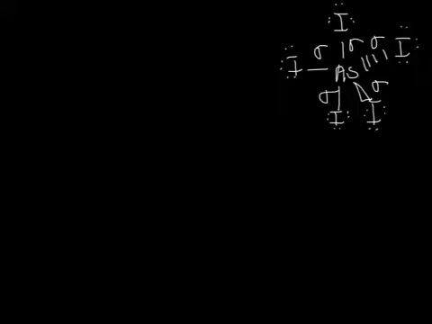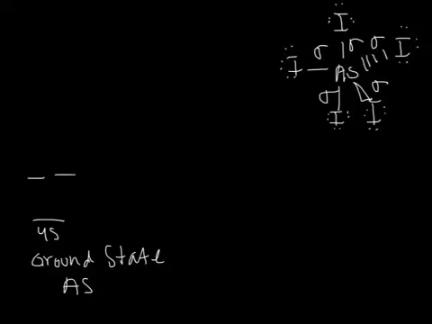Now, let's draw our ground state, our energy diagram, so we'll be able to see the hybridization. This is the ground state. That's 4s. That's our 4p. That's our 4d.